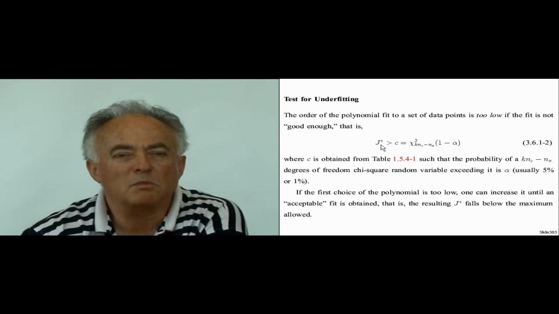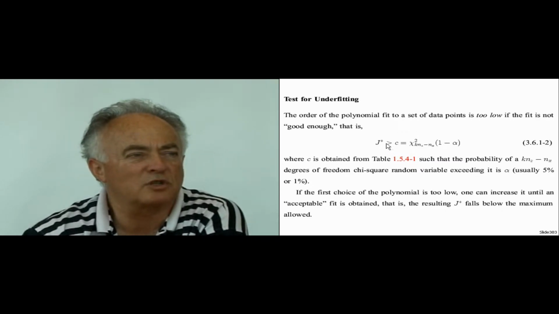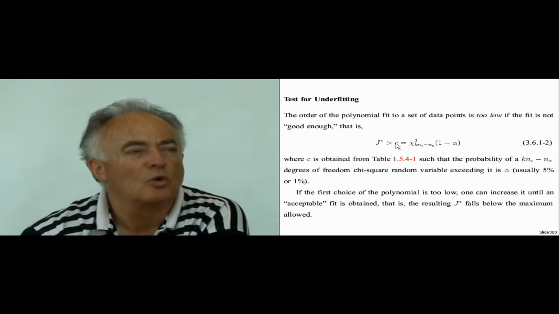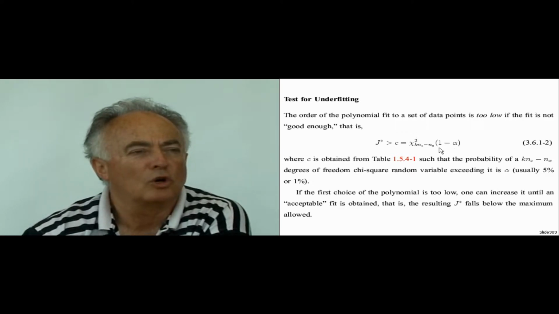Namely, the minimized value of J, that is J star, is larger than some constant, which is a tail point on the probability distribution of the chi-square density, with k n_z minus n_x degrees of freedom, and this is an alpha probability at the tail, and this is the 1 minus alpha percentile or point on this distribution.